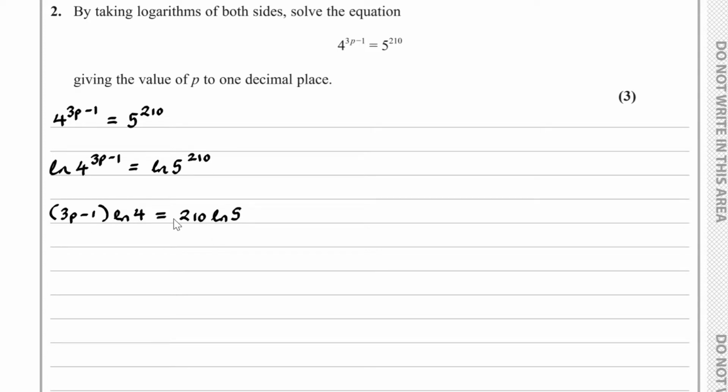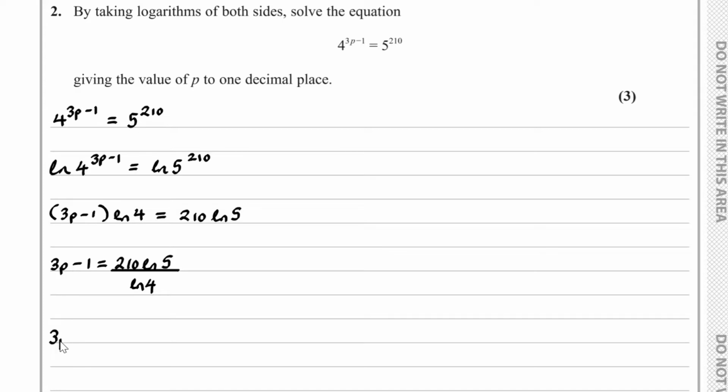And if we divide both sides by the natural log of 4, we see that 3p minus 1 is equal to 210 times the natural log of 5 over the natural log of 4.